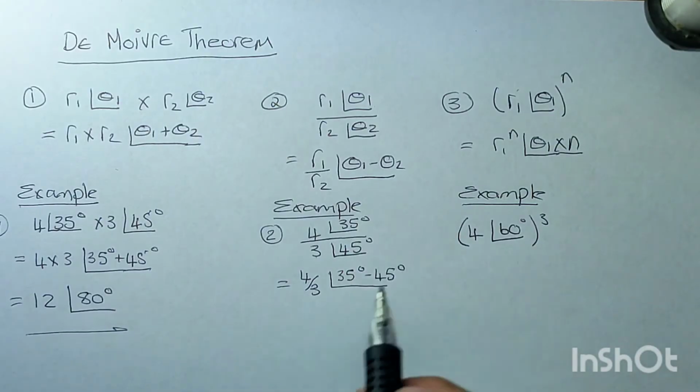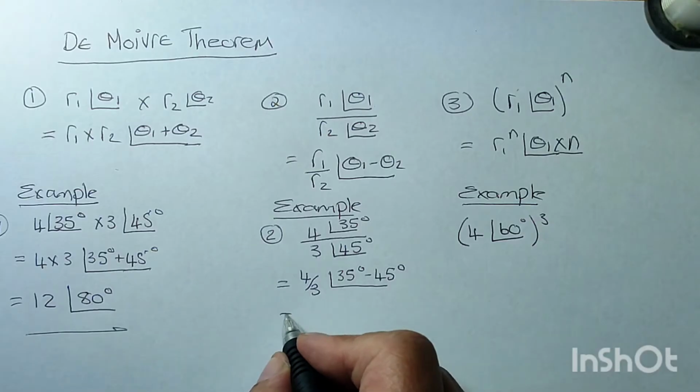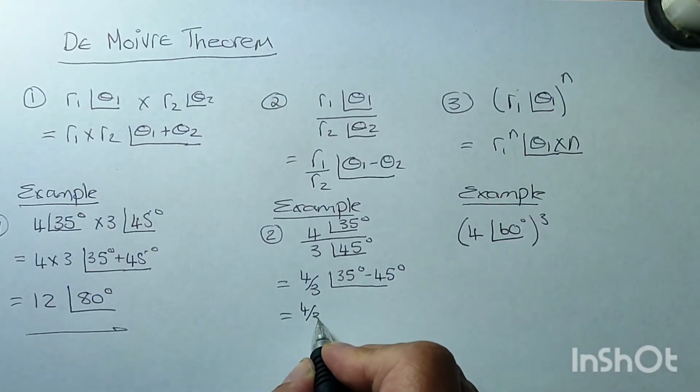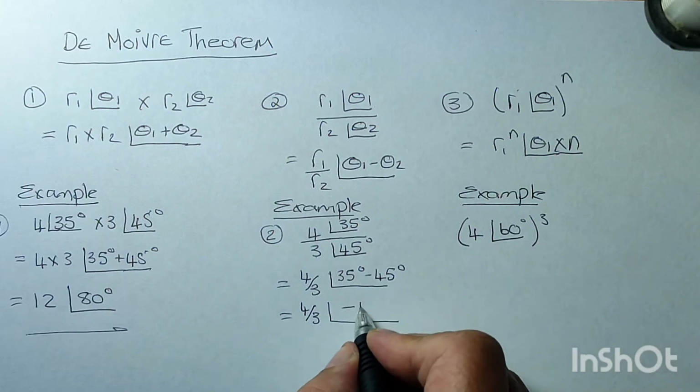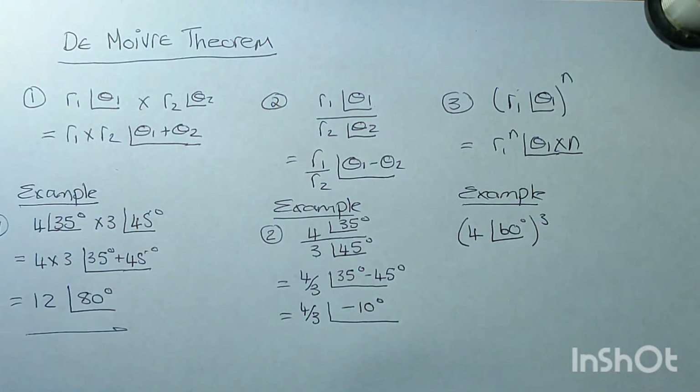Always the bottom one, subtract from the top one. This will give me an r value of 4 over 3 and an angle of minus 10 degrees. And then I need to either convert this back into rectangular form, or I can leave my answer like this, or I can present this information on an Argand diagram as well.